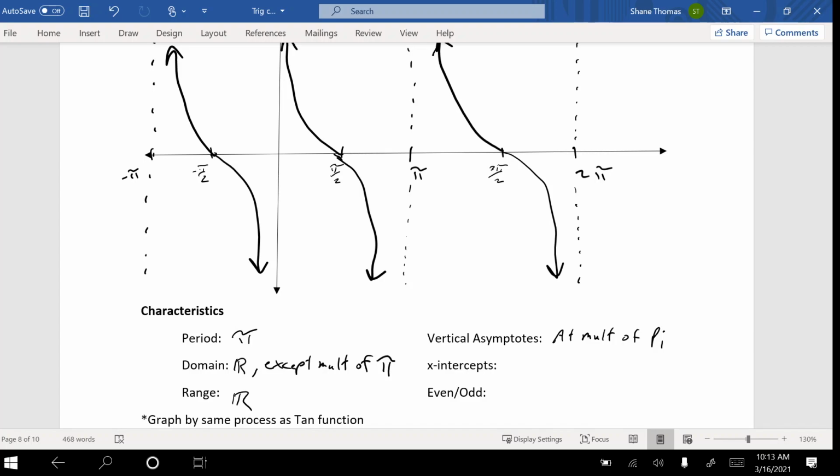Your x-intercepts are going to be midway between the asymptotes. Then lastly, even or odd function: this guy is going to be odd because it has origin symmetry.